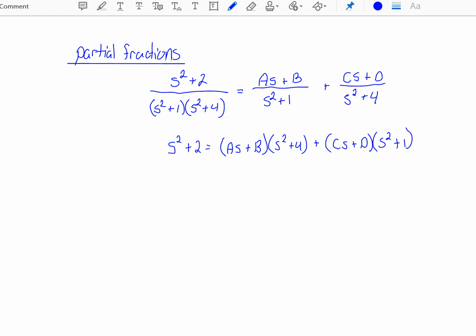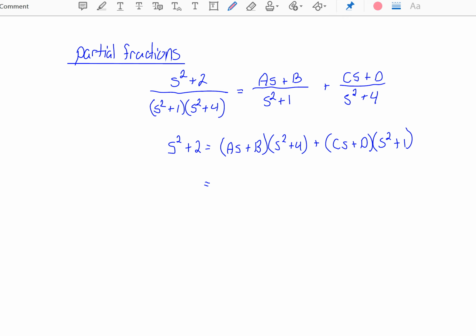Now the problem with these quadratic factors is we cannot choose a single number for s that'll make any of the terms on the right hand side disappear. So with these quadratic factors, our goal is going to be to multiply the right hand side out so we can compare term by term to the left side of our equation.